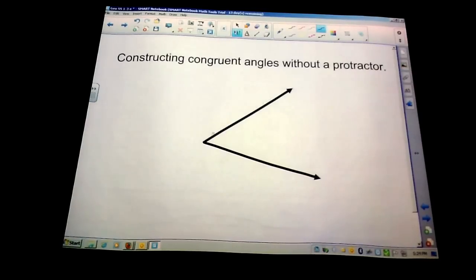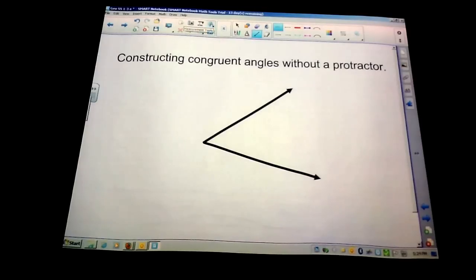But you need to go ahead and get some sort of angle drawn on your paper. If you want to, the easiest way on your smart notebook is to go ahead and choose a ray from up here and just go from the same point. Alright, notice that we're not going to just measure it with our protractor and make a congruent one there. If you don't have the markings with your compass and your ruler, then it's going to be incorrect.